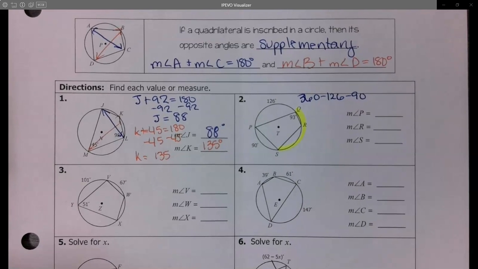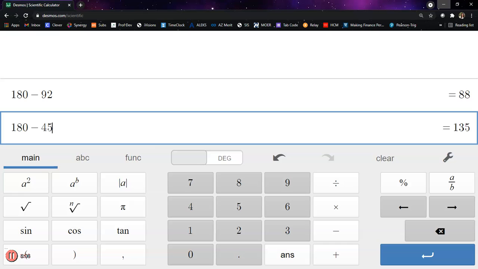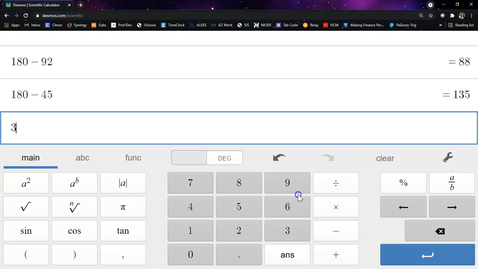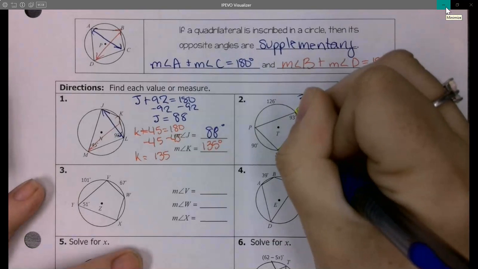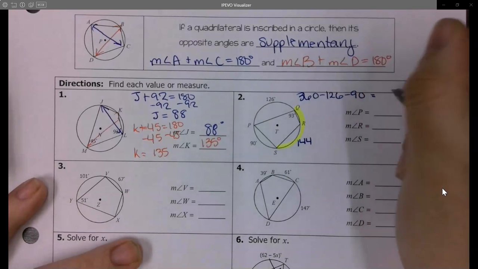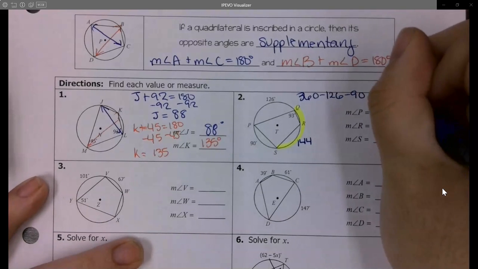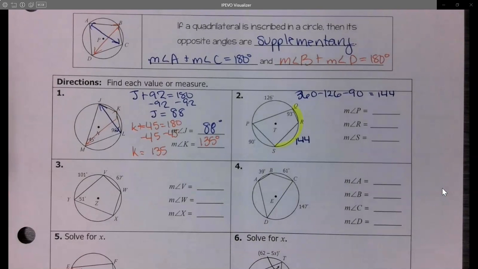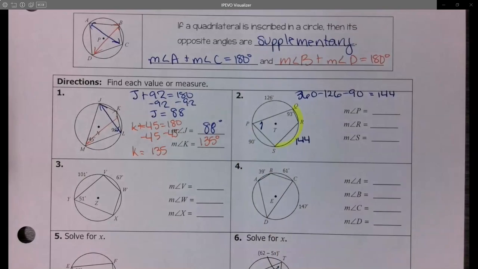Okay. So then if I go to Desmos, I can figure this out, which gets me 144 for the part I've highlighted in yellow. But remember, to find the measure of angle P, this is half of that.